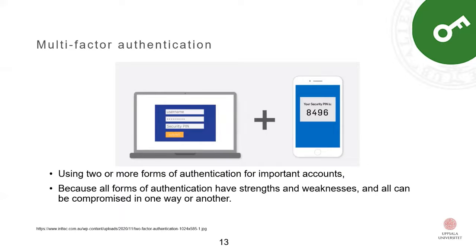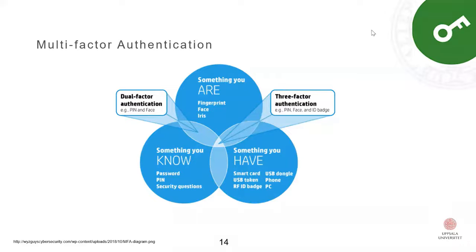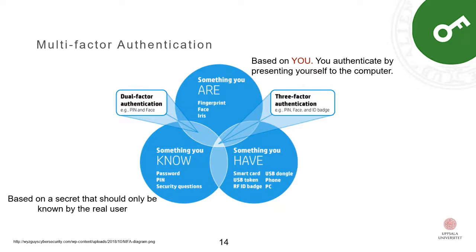This is called multi-factor authentication. In multi-factor authentication, 2 or 3 authentication techniques are combined together. For example, something that the person is used in combination with something they know. For example, they are asked to enter a PIN code and also to show their face.